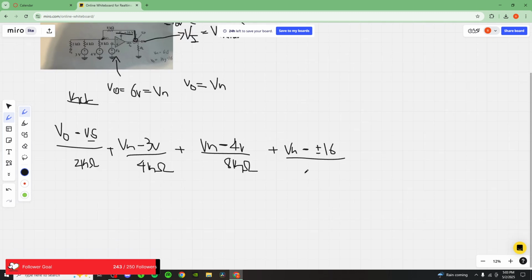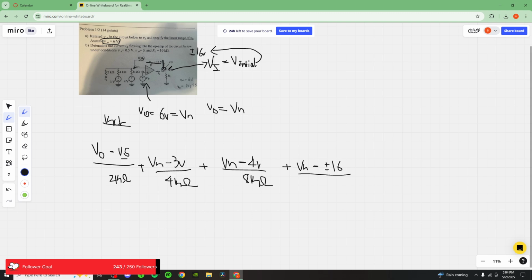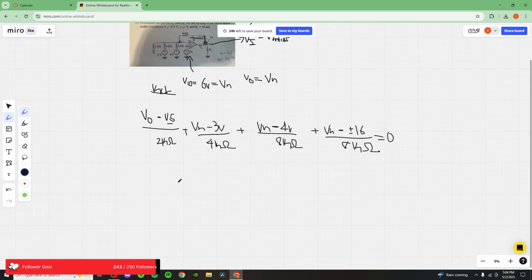So you have Vn minus V initial over 8 kilo ohms. Yes, 8 kilo ohms. And so your range, whenever you solve, should look something like the following. Whenever V initial is equal to positive 16 volts, Vs should be 5.5 volts.